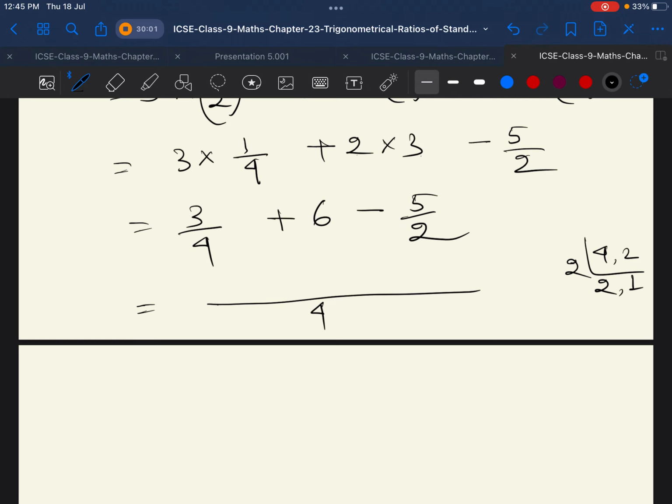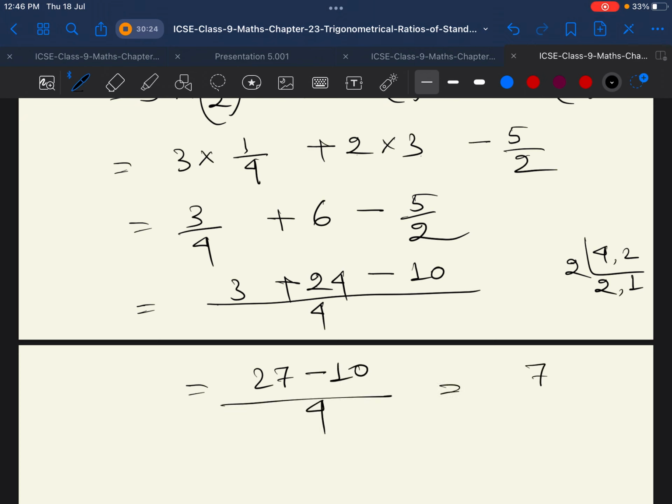So 4 by 4 is 1 into 3 is 3 plus 6 fours are 24 minus 4 by 2 is 2, 2 fives are 10. So 24 plus 3 is 27 minus 10 by 4. So this will be 17 by 4.